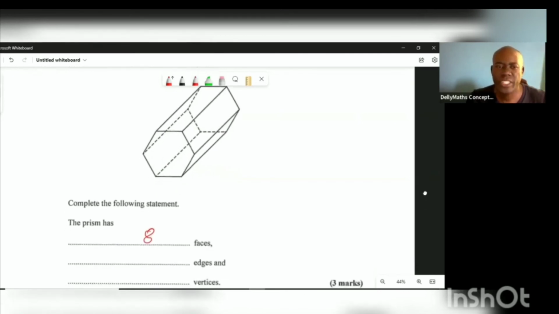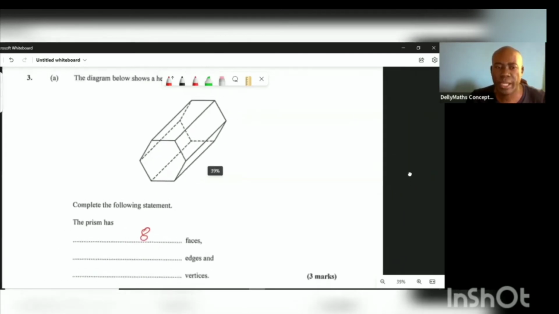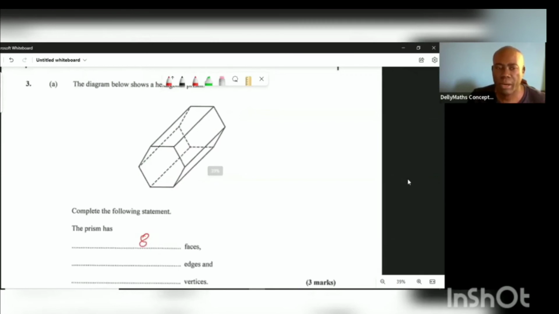In terms of edges, an edge is where 2 faces meet. So this is an edge. That's 1 edge, 2, 3, 4, 5, 6 edges there, from those strips.